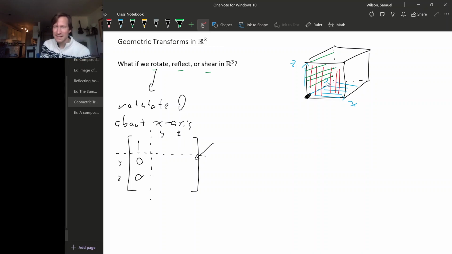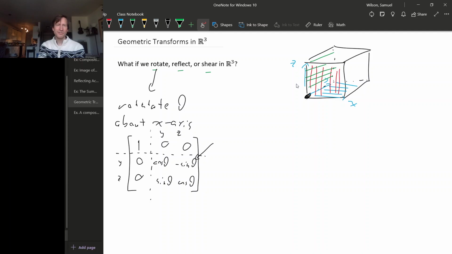So that means that the y position gets the cosine, and then the yz entry gets the minus sine. Okay, and then sine theta and cosine theta. And we get zeros here.